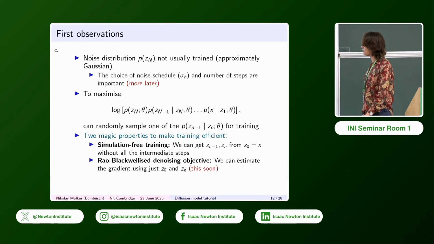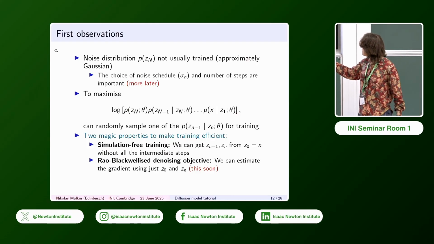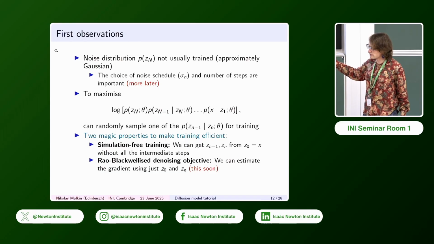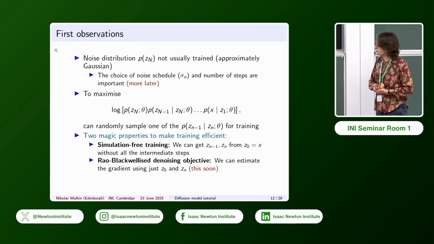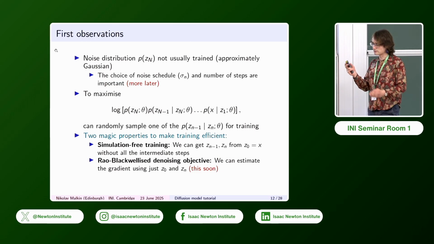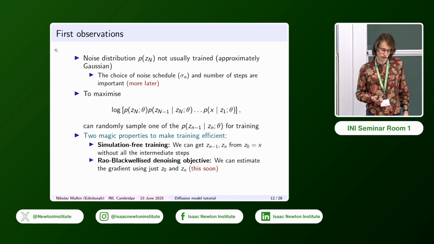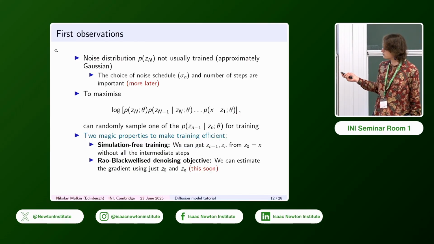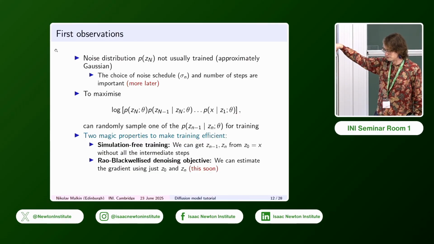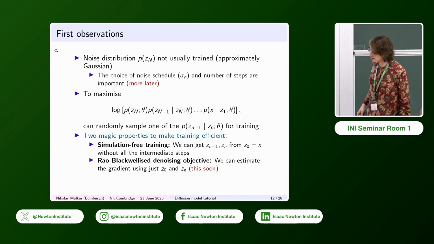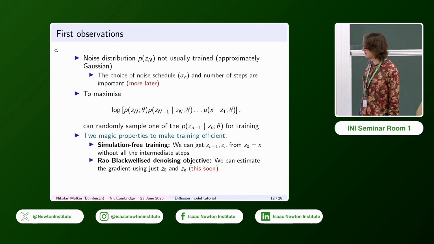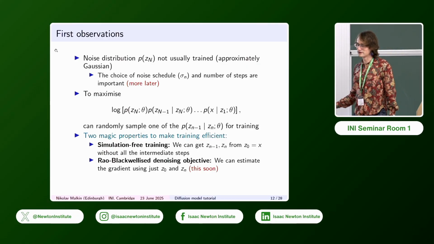Now the second property is that, in this objective, we're trying to model the parameters of a distribution which transitions from Zn to Zn minus 1. But in fact, there is some simplification possible, which I'll show you in a second, which allows you to not have to learn to go back one step to slightly less noisy data, but to go back all the way to the noiseless data X. And this enables a much lower variance training objective.